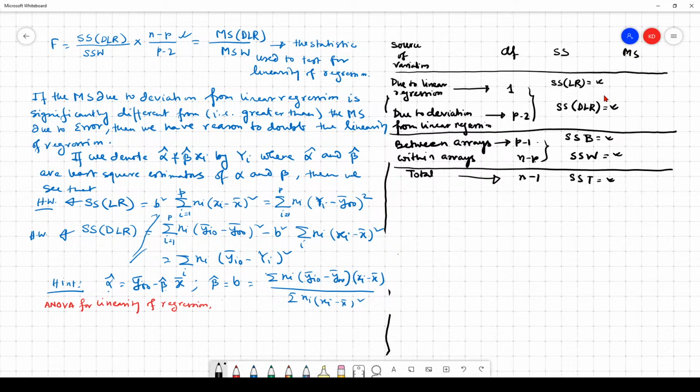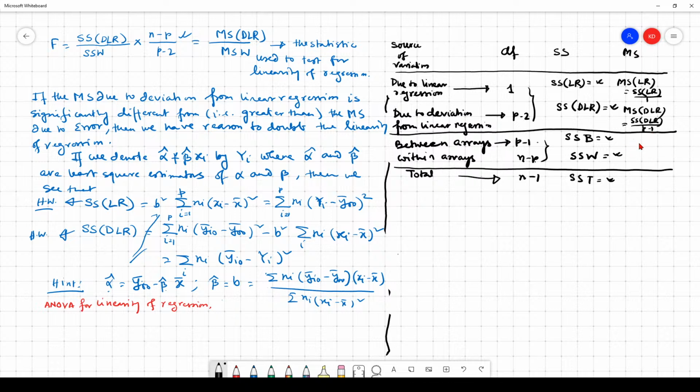MSLR is nothing but SSLR divided by the corresponding degrees of freedom, that is 1, so MSLR and SSLR are the same. MSDLR is equal to SSDLR divided by the corresponding degrees of freedom, p minus 2.